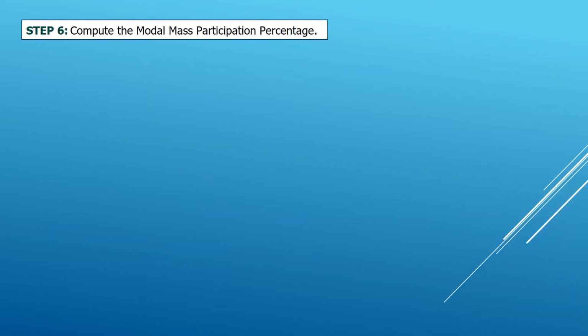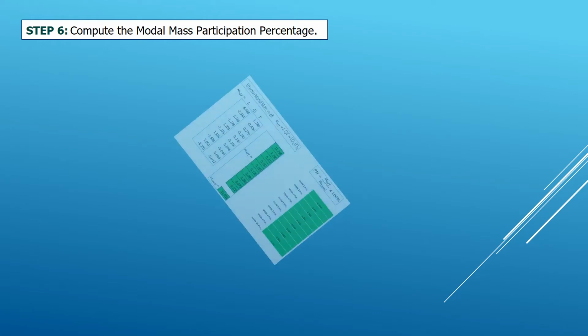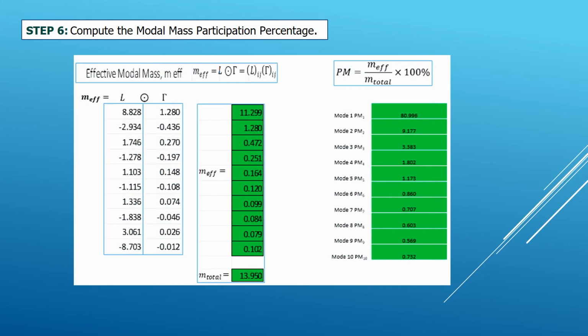Step 6. Compute the modal mass participation percentage. So, we will know kung anong mode yung grabe mag-participate. First, determine muna natin si effective modal mass with a formula of L multiplied by modal participation factors na na-compute natin kanina.